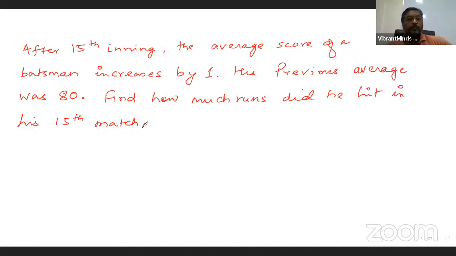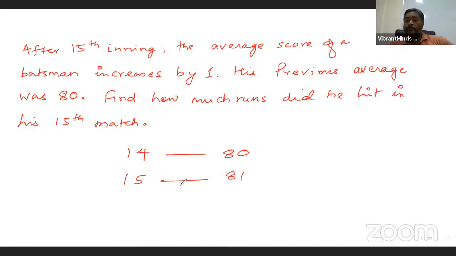Now understand. 14 matches he has already played, and his average is 80. And in the 15th match, his average increases by 1, it becomes 81.